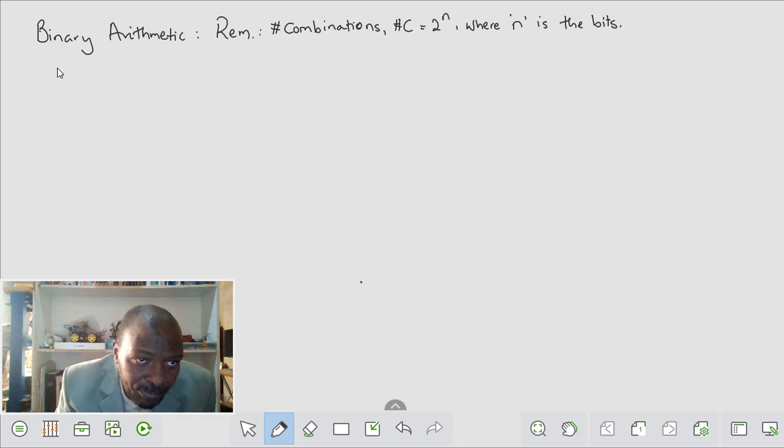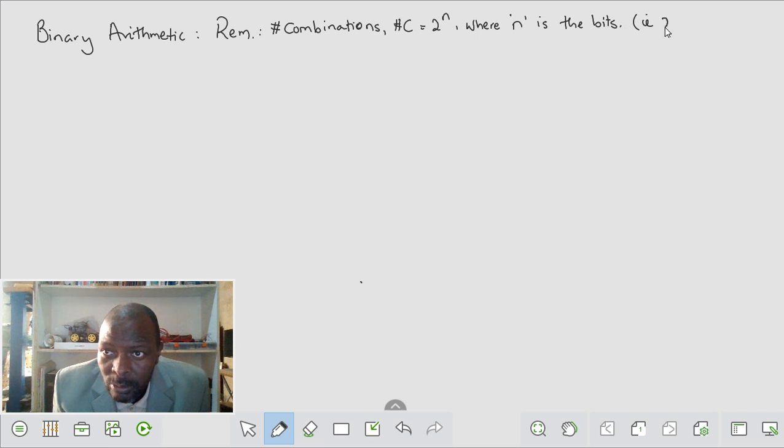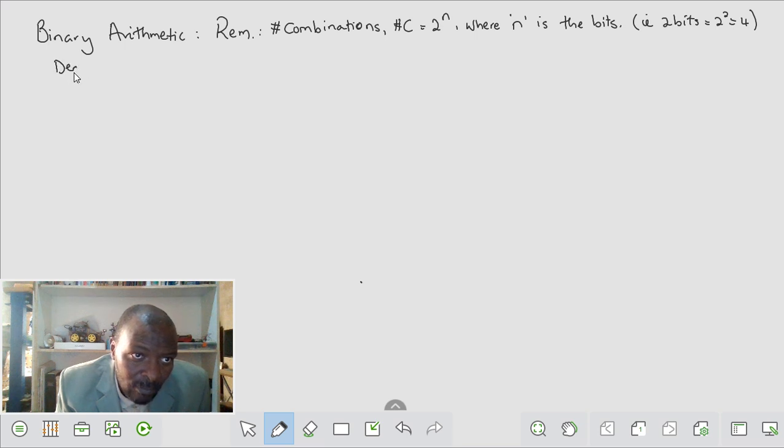Since we are going to use 2 bits, that is given by 2 to the power of 2, which is equal to 4 combinations. That is the decimal count 0, 1, 2, and 3.